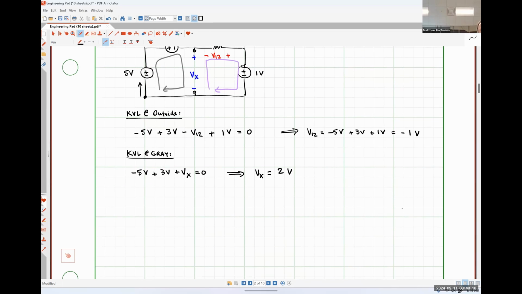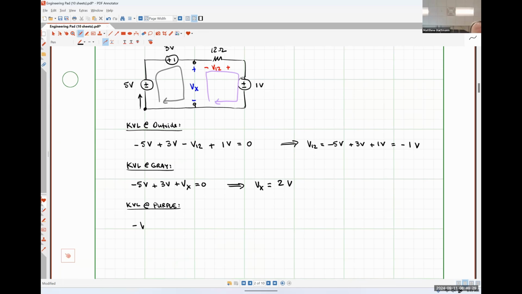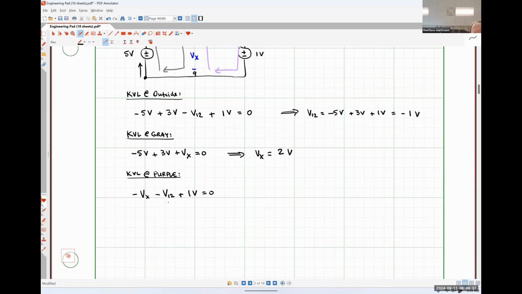If we wrote the KVL equation around that light purple loop, we would have negative Vx minus V12 plus 1 volt is equal to 0. We're going to substitute in negative 1 volts for V12.